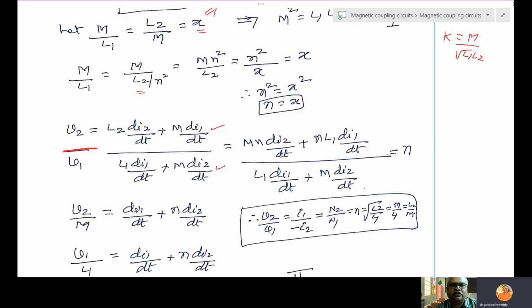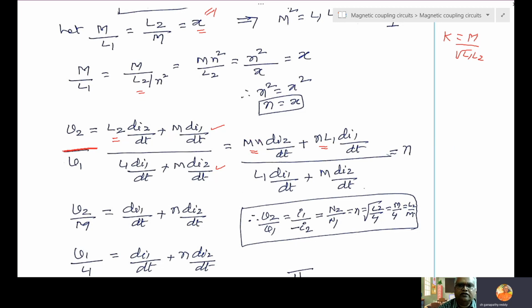Further, what is L2? L2 is equal to M into N. So this L2 replaced with M into N, di2 by dt as it is, plus M is equal to N into L1, di1 by dt. Denominator as it is.